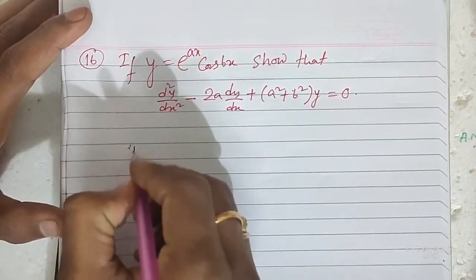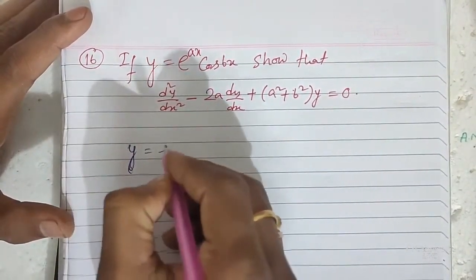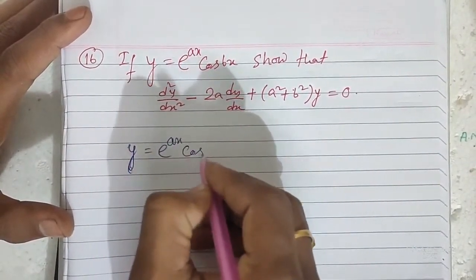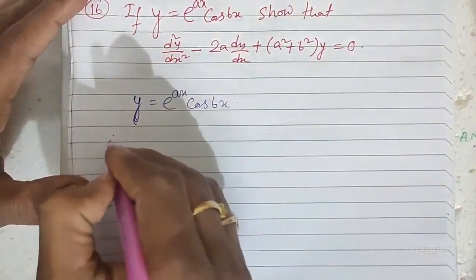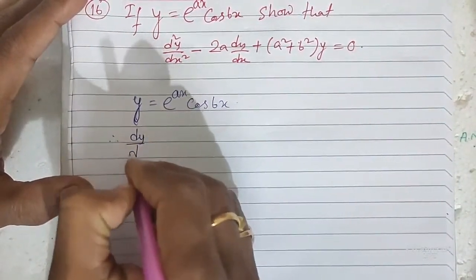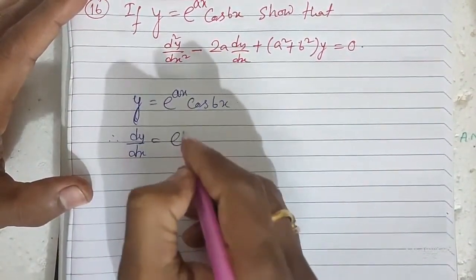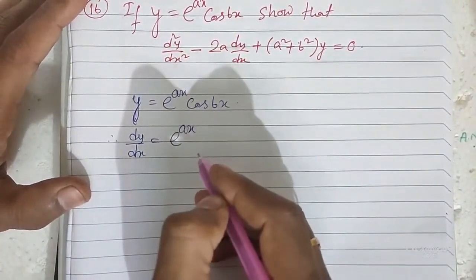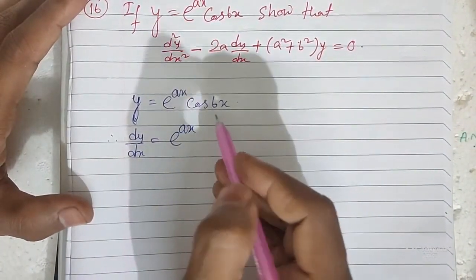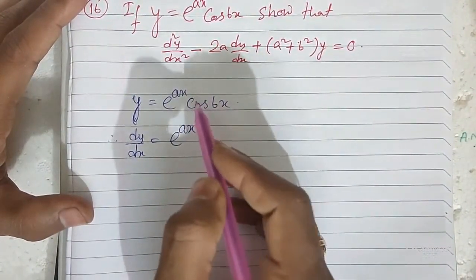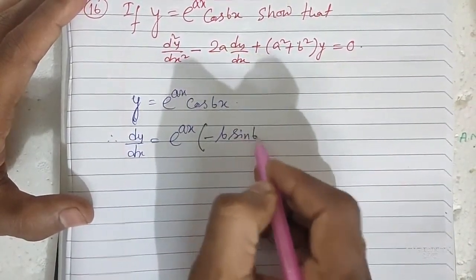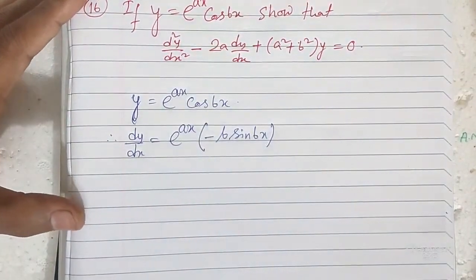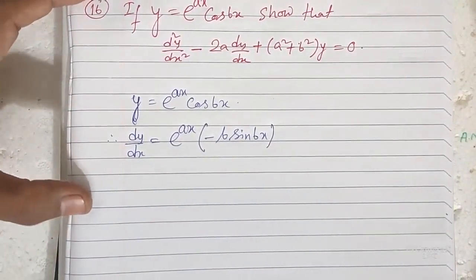So given that y equals e to the power ax cos bx, this we have to differentiate with respect to x, therefore dy by dx is equals to e to the power ax unchanged, ddx of cos bx, that is minus b sin bx. Now onwards you have to do the differentiation directly.